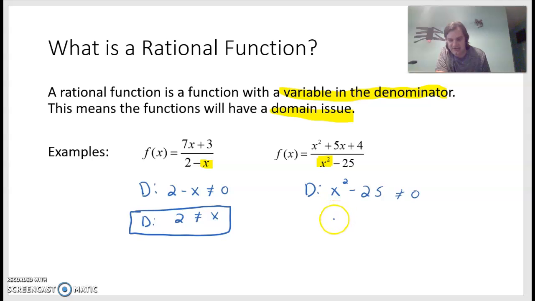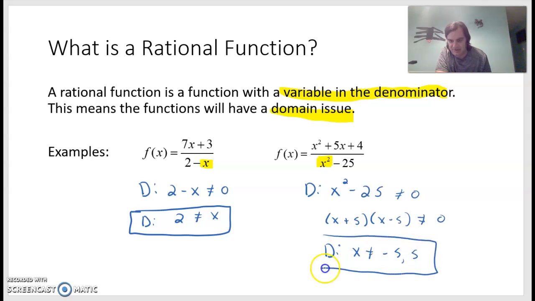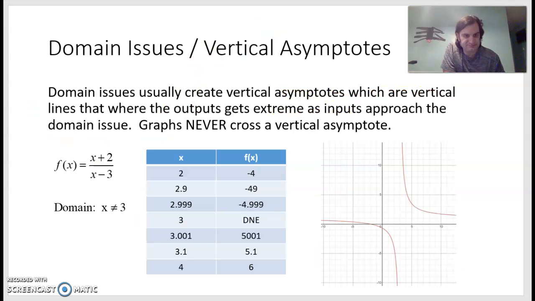And I can solve this many different ways, but this is a difference of squares, so it factors into x plus 5 times x minus 5. So I can see that I had the domain issues where x cannot be negative 5 or 5. Okay. So both rational functions. So let's see where this leads us.